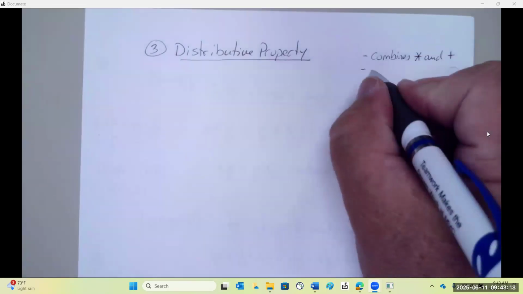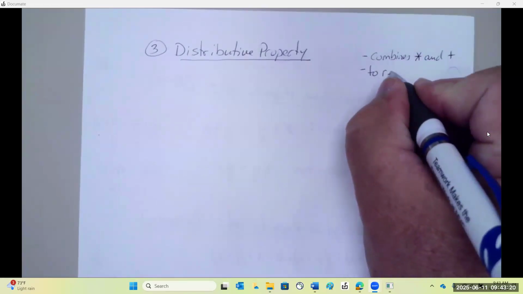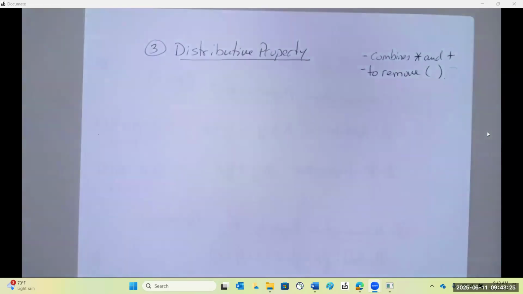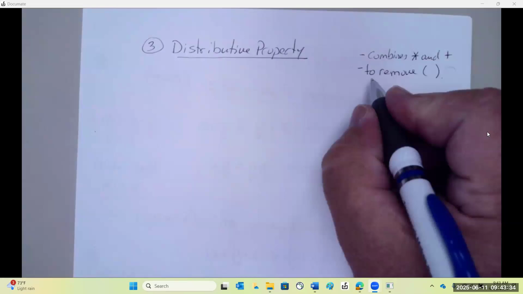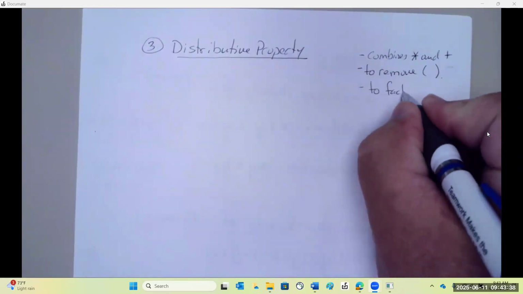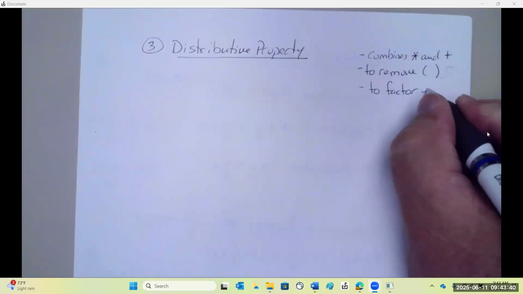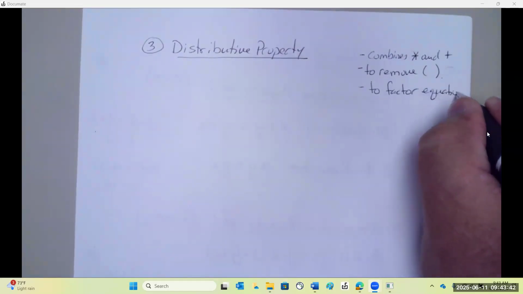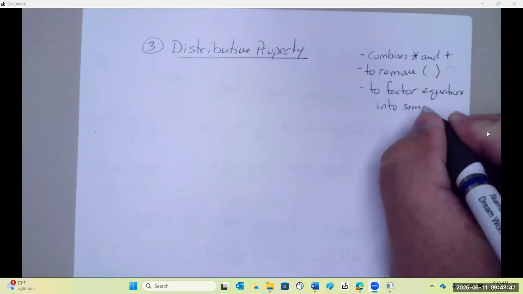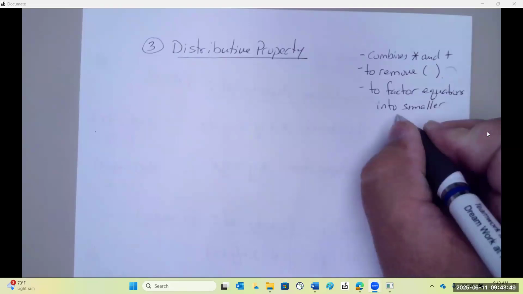This property is used to remove parentheses and to factor equations into smaller parts.